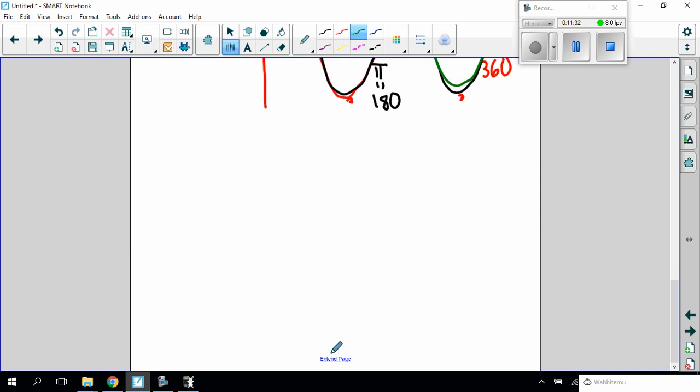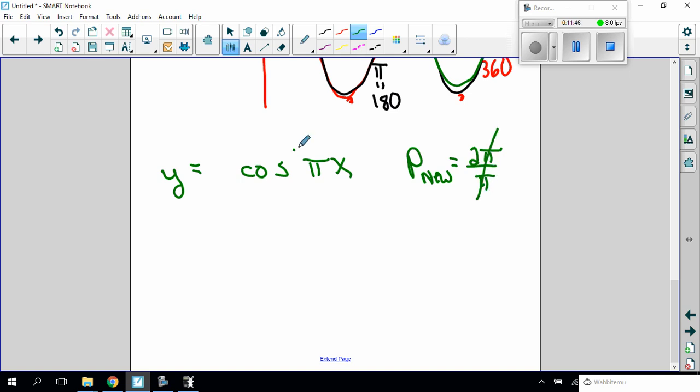So here, I'll just do another one. Y equals cosine pi x. P new is 2 pi over pi. Of course I want to work in radians. I've got a pi there. I don't want to work in degrees because there wasn't a nice number there. If there's a pi, I'm going to stick in radians.